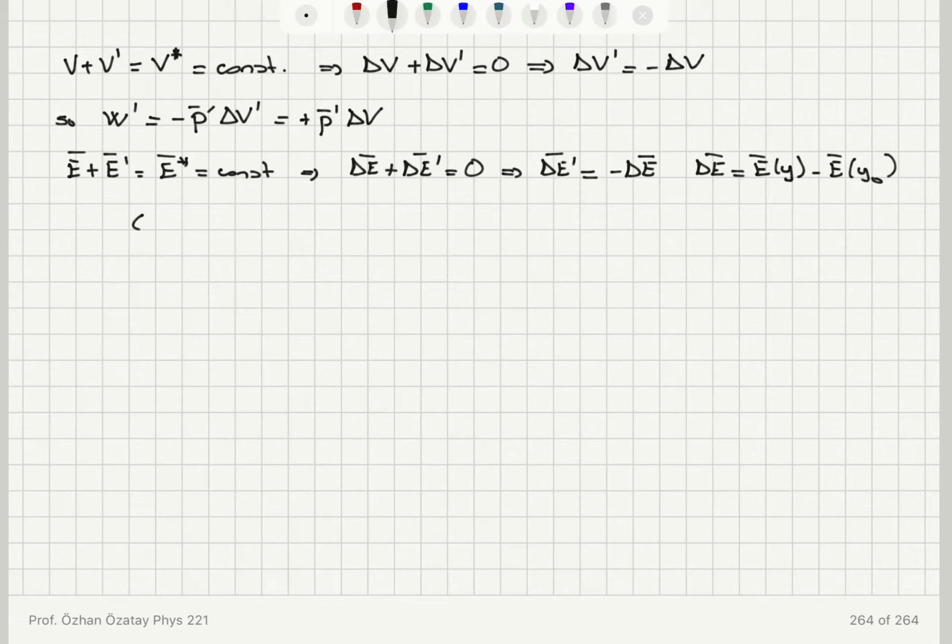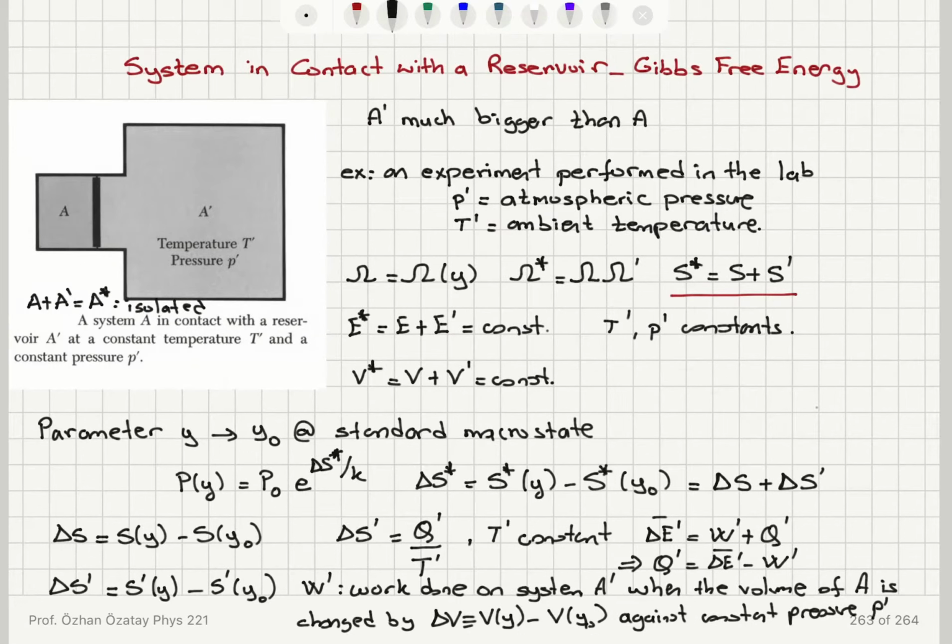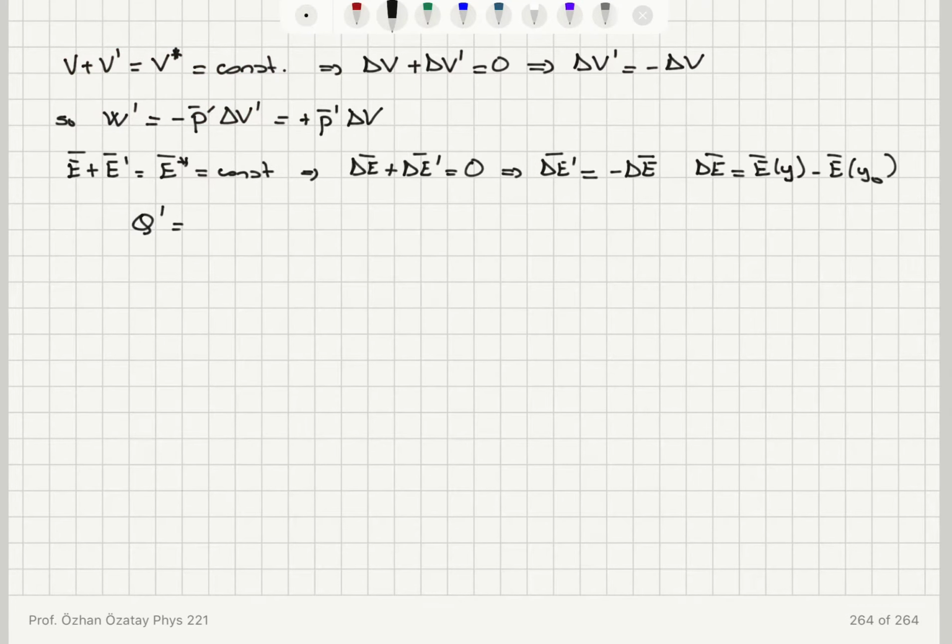So we can see that Q prime, which was equal to delta E prime minus W prime, can be written as minus delta E bar, because delta E prime bar is equal to minus delta E bar.